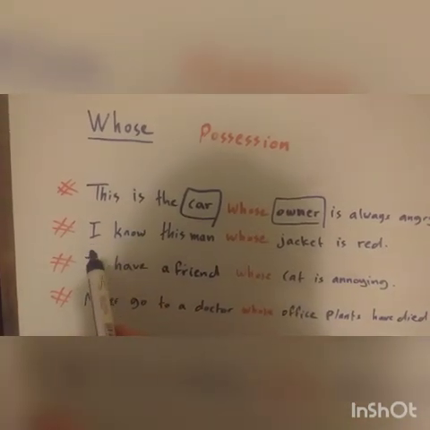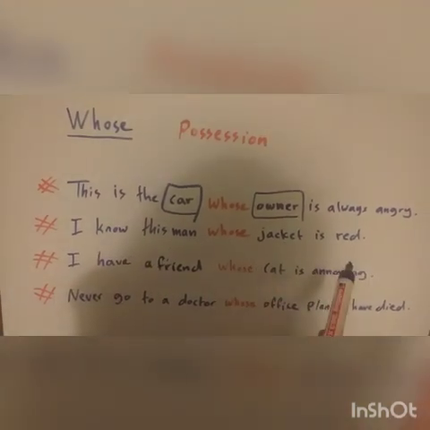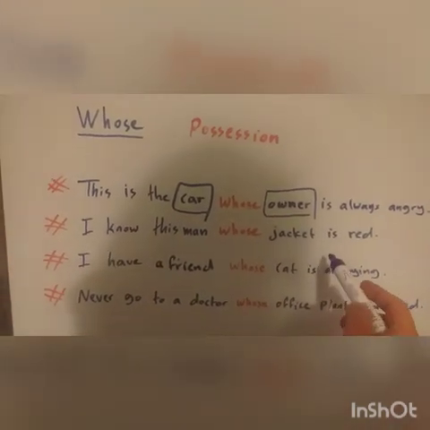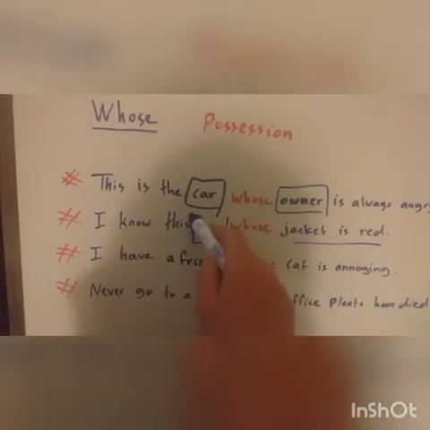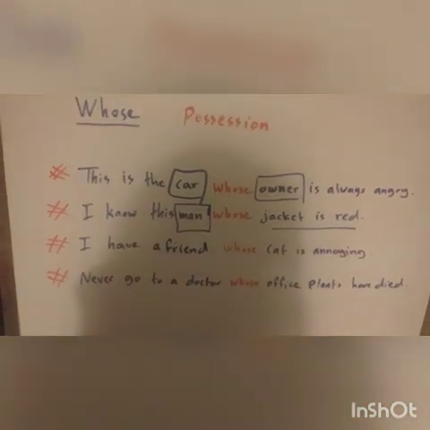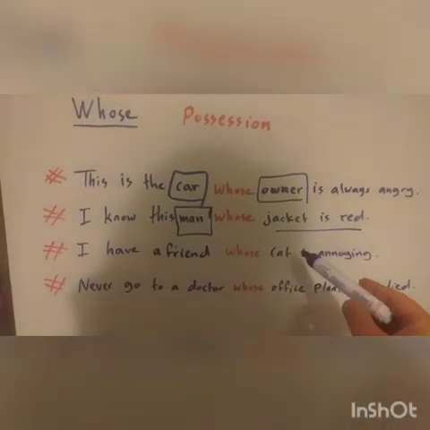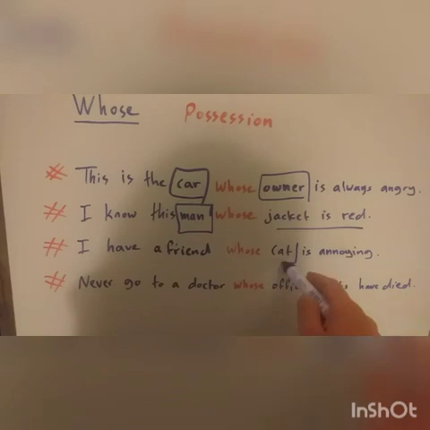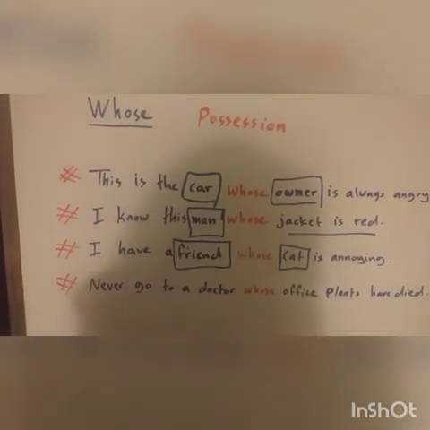The second example: I know this man whose jacket is red. Here we've related the red jacket to the man. In the third example, I have a friend whose cat is annoying. Here we have related the cat to its owner, my friend.